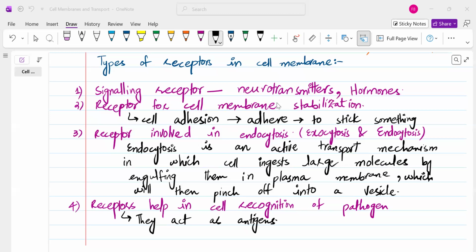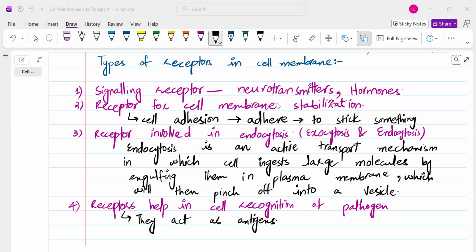The large molecule, when it enters the cell, will be in the form of a vesicle. And then there are receptors which help in the recognition of molecules, and fat can enter in the form of a vesicle.